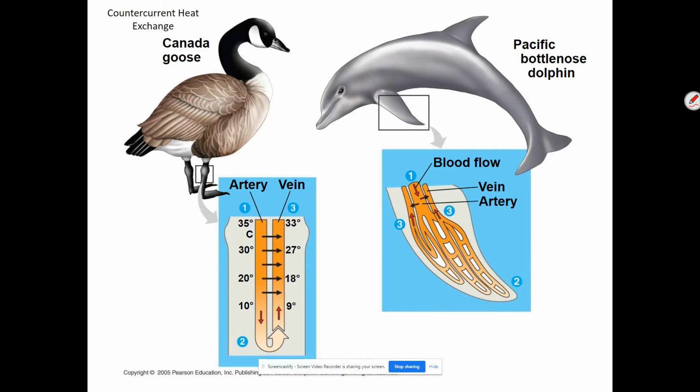And as that blood crosses paths or runs counter parallel to one another, the warm blood will actually warm the cold blood as it's going back to the center, thus creating a situation where the middle of the body is not cooled down too fast. Obviously, this can't last forever, but it can last long enough to keep these animals alive.